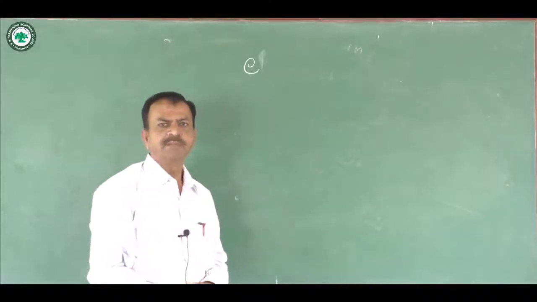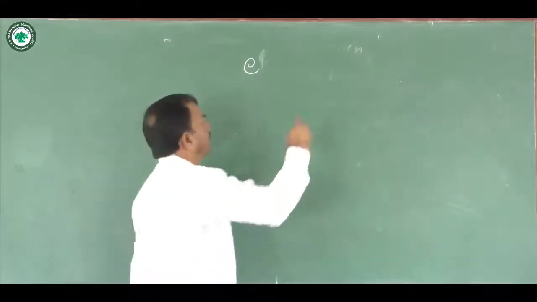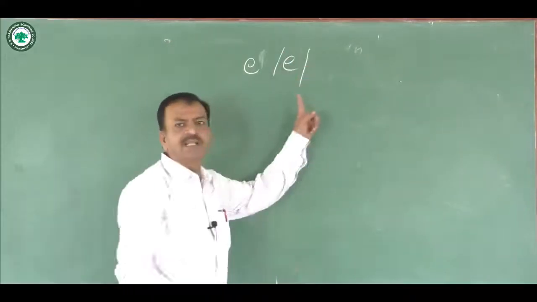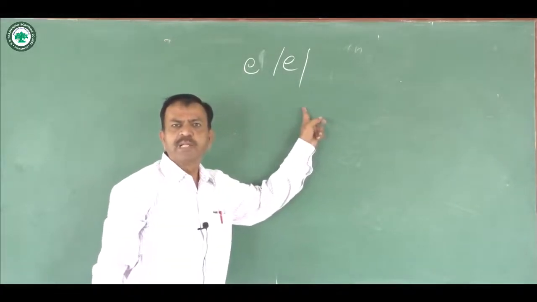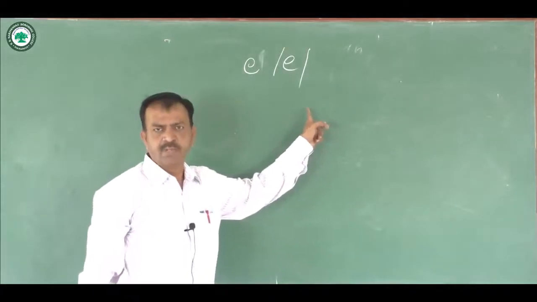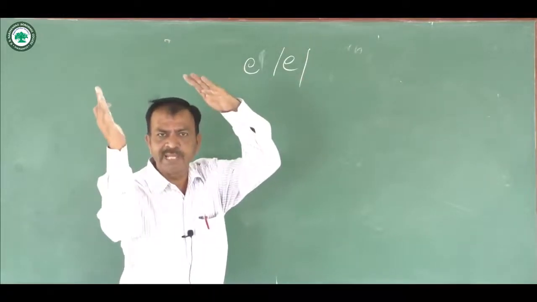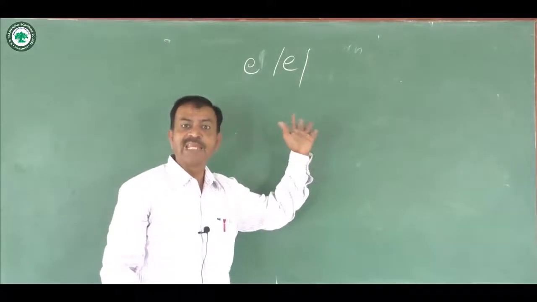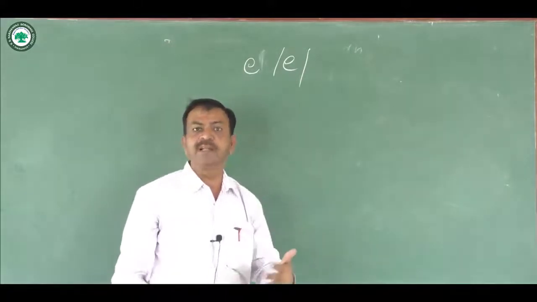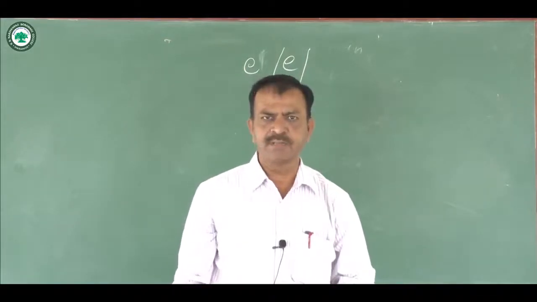For example, E can be pronounced as this IPA symbol. The spelling is E, but when we put the E in diagonal lines, it is pronunciation. And all of the standard dictionaries have these phonetic transcriptions.